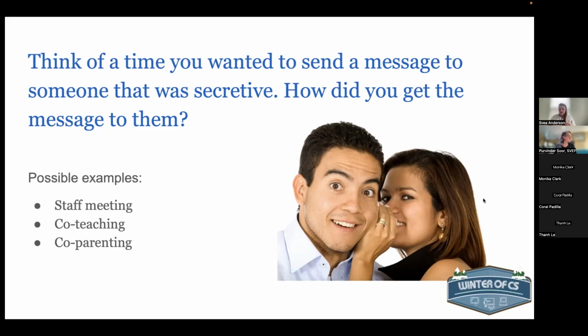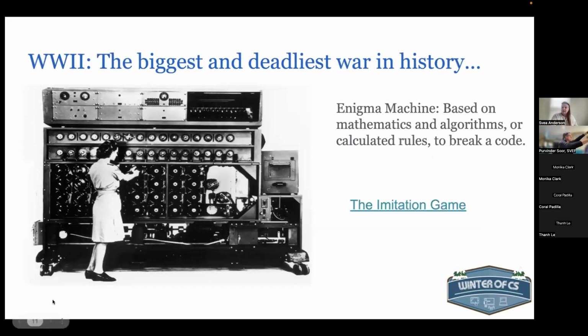So this is kind of important because we do it in our personal lives, but we also are going to start to shift to think about this with national security. Usually we think about sending messages in secret. We sometimes think about wars or crisis. And so we're going to jump into talking about World War II, which was the biggest and deadliest war in history.